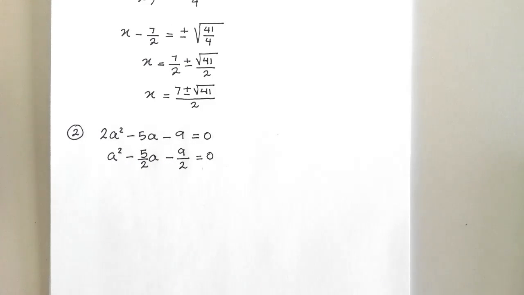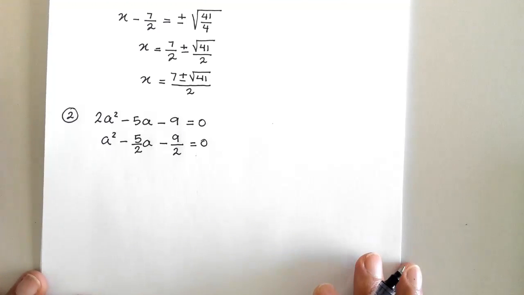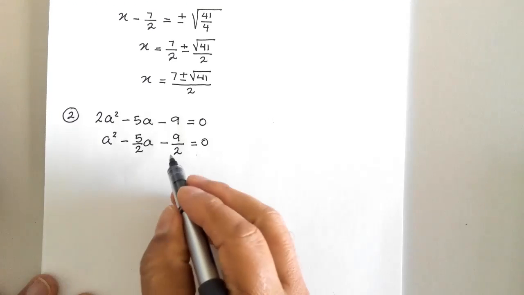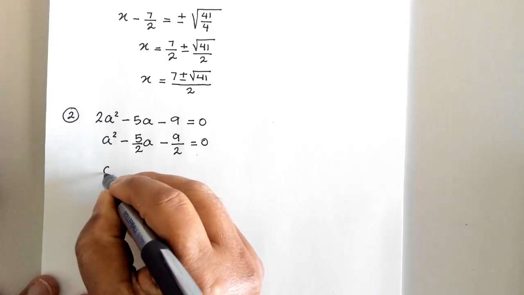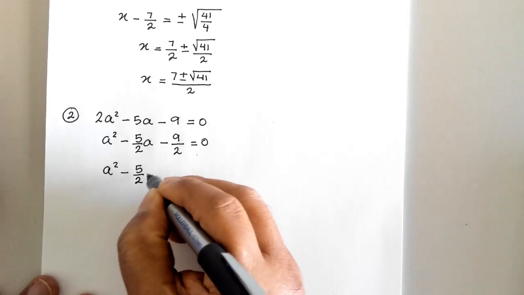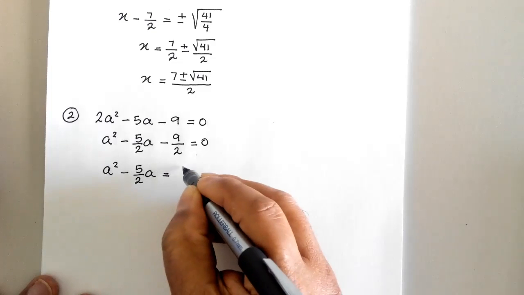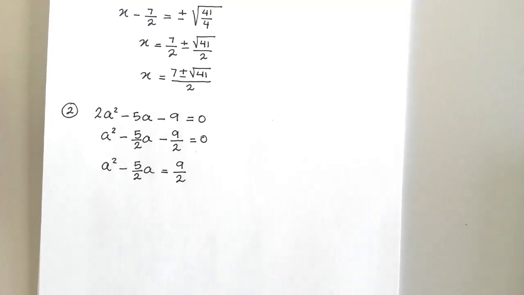Now we have a monic, so now we can apply the completing the square method. We're going to proceed in the same way as before. So we move this negative 9 over 2 over to the other side: a squared minus 5 on 2a is equal to positive 9 over 2.